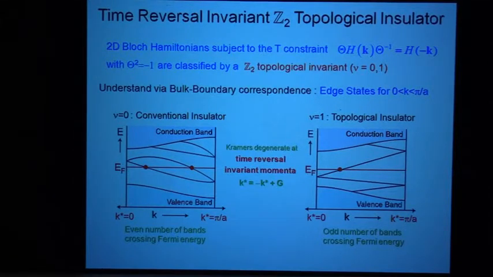Okay, so now let me try to answer the question about Anderson localization. And so I'm going to play the same game that I played with Laughlin's argument in the quantum Hall effect. What I'm going to imagine is that I have a big system, which is disordered, but I'm going to put it on periodic boundary conditions. Okay? And then I'm going to consider my entire system to be one single unit cell. Okay?